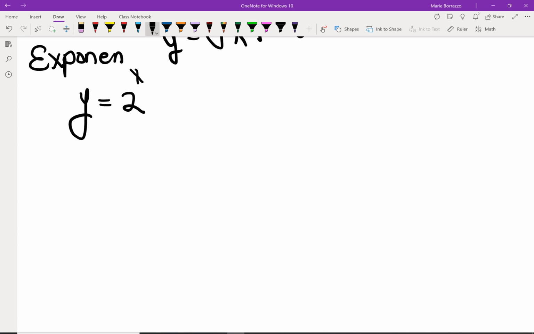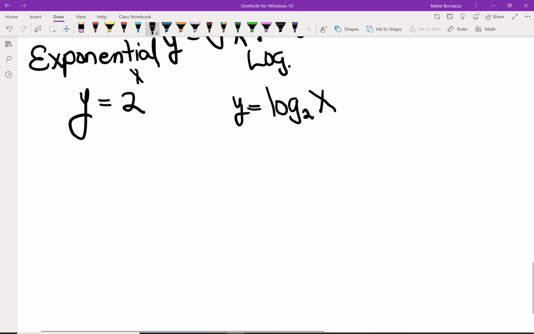You're going to see this in chapter section 4.1. If I do the logarithmic equivalent of this, then this will become y equals log base 2 of x. So this would be the logarithmic. Very difficult to graph or to come up with points.